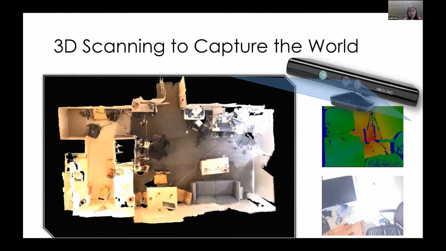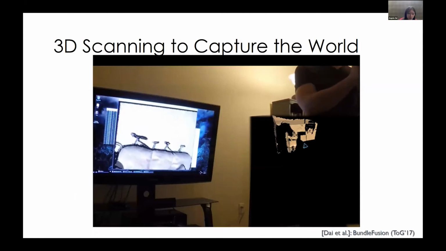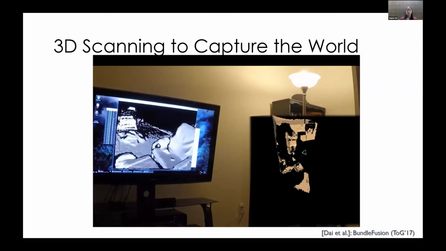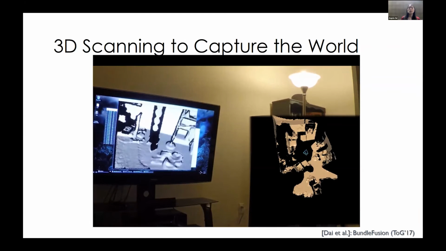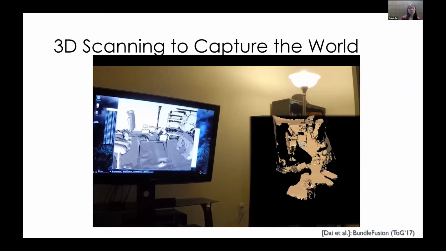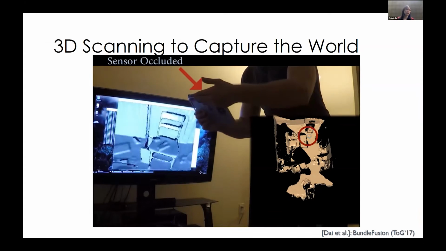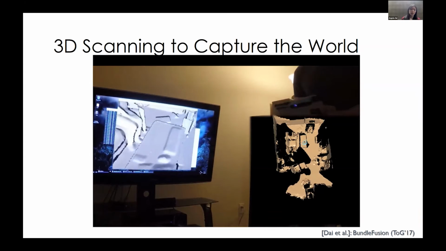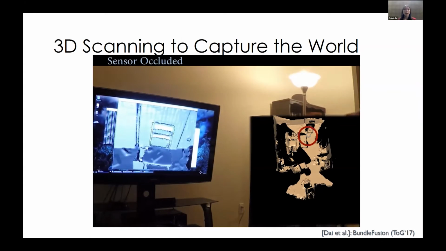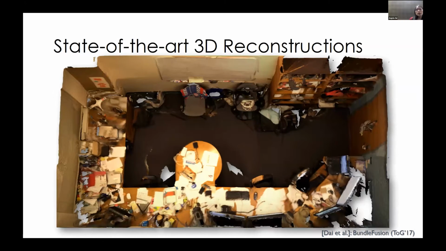With that, we could do real-time scanning where somebody can walk around, actually observe an environment, see what the reconstruction looks like so far, and continue to use that in the feedback loop to scan these kinds of scenes with just some kind of Kinect or iPad sensor. And you get out some fairly nice reconstructions.